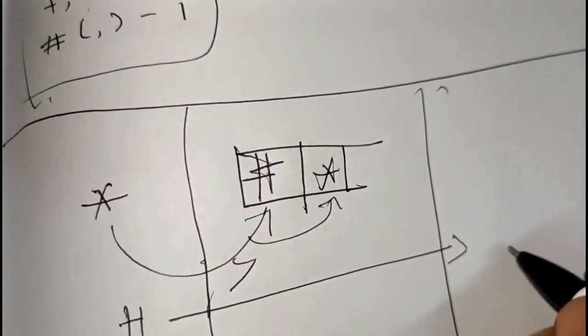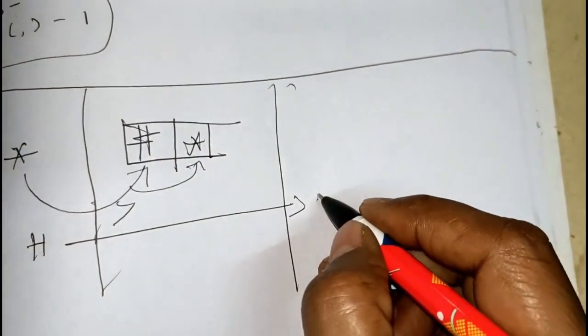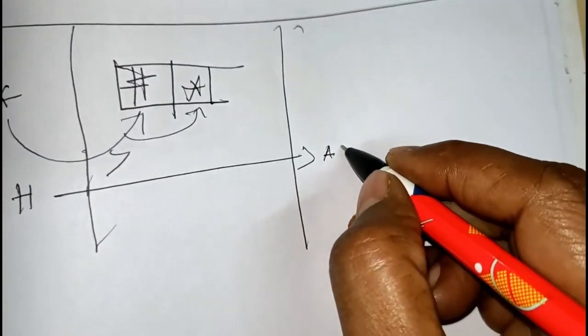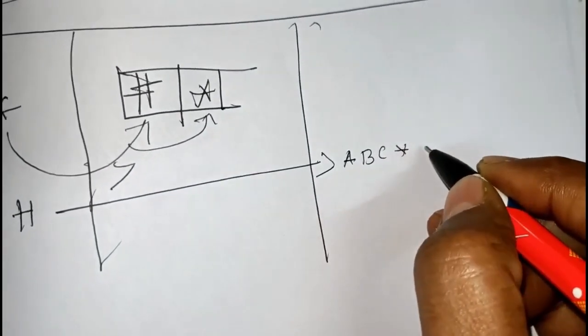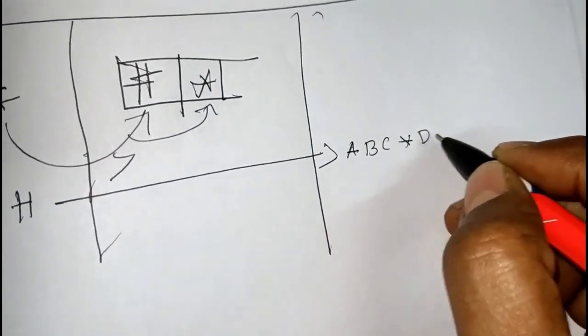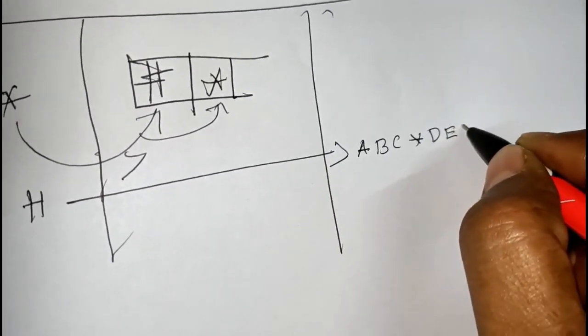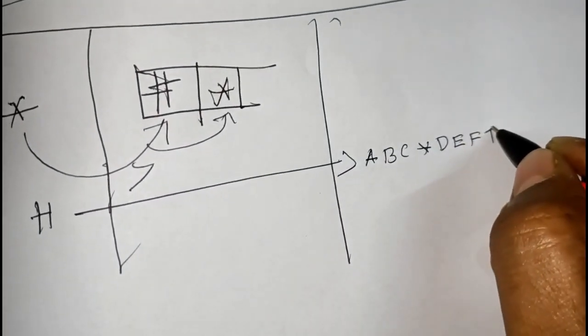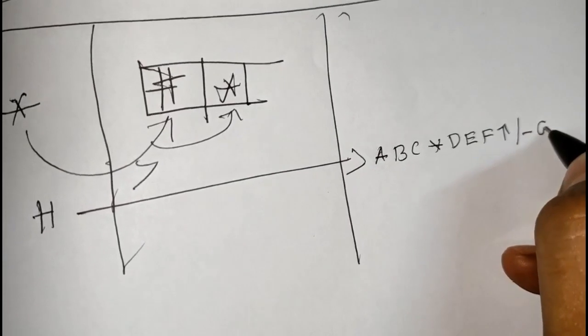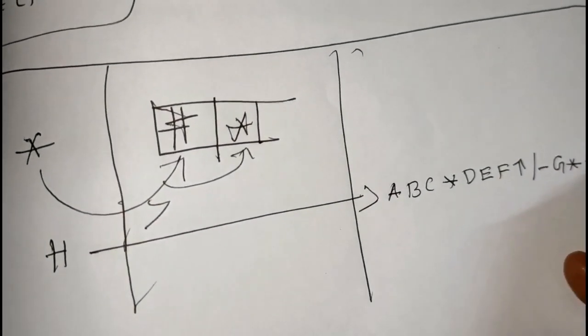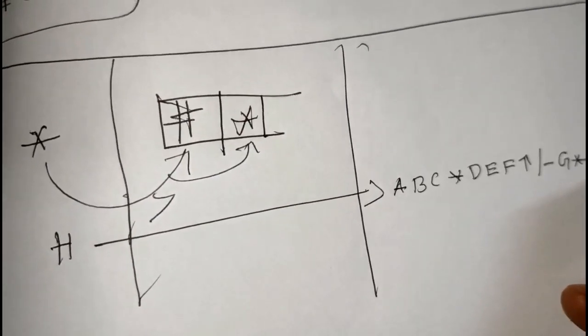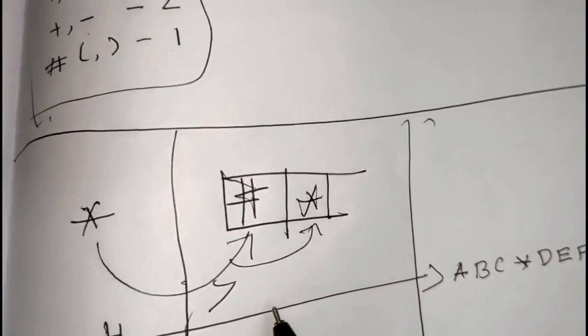So it is A, B, C, star, D, E, F, minus H.